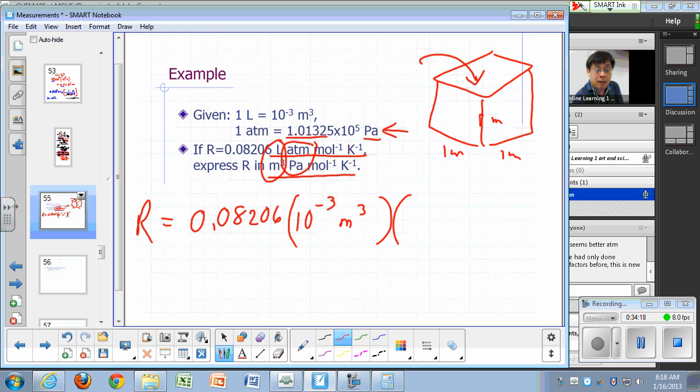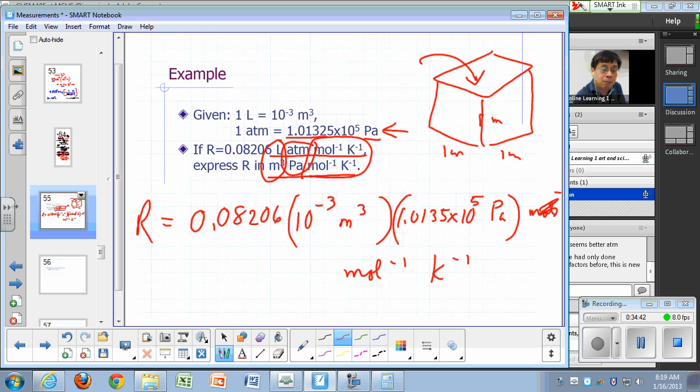And instead of atmosphere, I'm going to write 1.01325 times 10 to the 5th Pascal. And per mole per Kelvin. I'm not changing per mole and per Kelvin. I'm just changing my liter and my atmosphere.